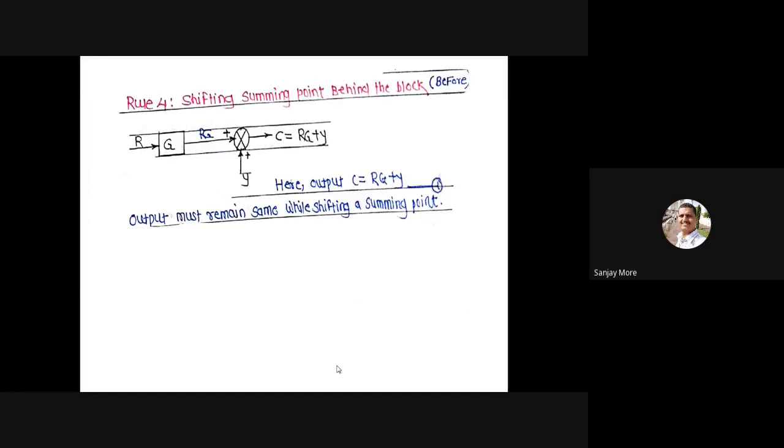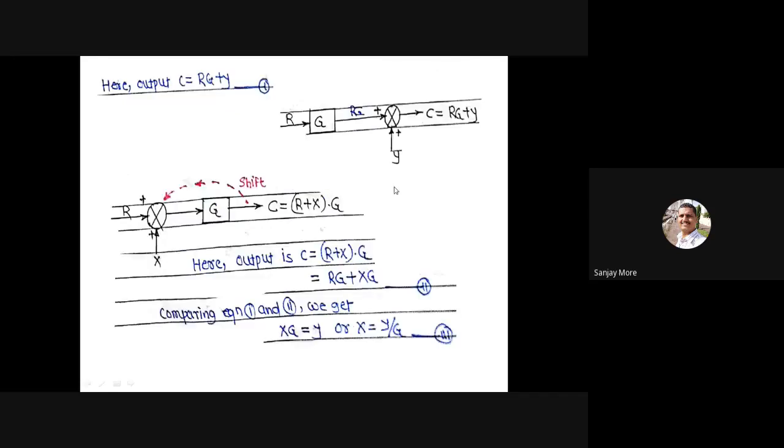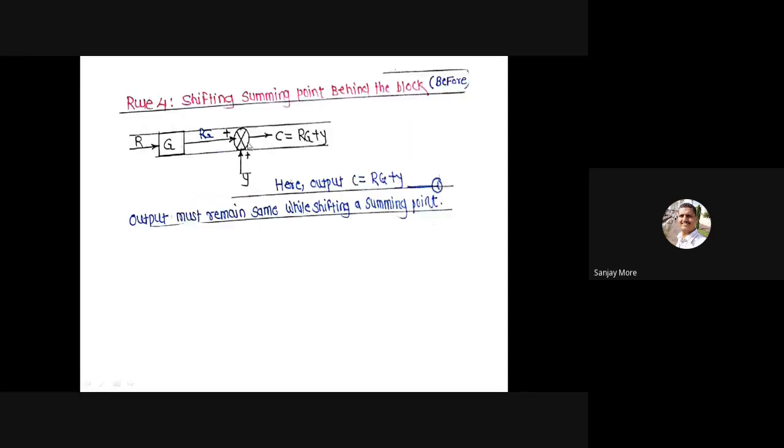Then shifting a summing point behind the block, or before the block, meaning this summing point here is shifted behind the block or before the block. Output is C equal to RG plus Y. Connected in series, R into G, RG plus Y. Here plus Y. Output is equal to RG plus Y. Then this summing point is shifted here.